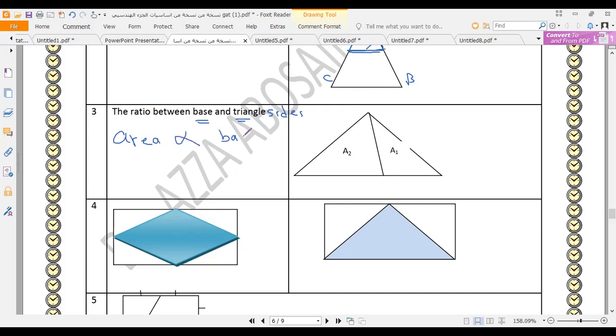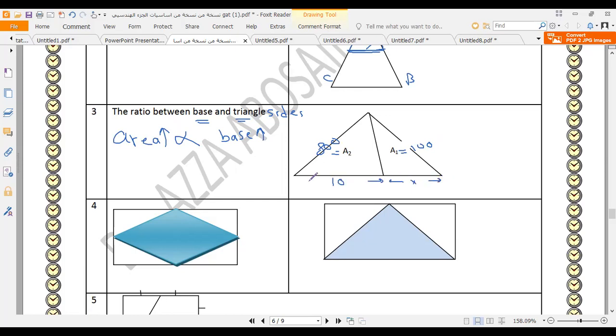As the base increases, the area will increase. Now here, if I give you the area of A1 as 100, and the area of this one as 800, and this is 10 units, and this is x. I want you to find the value of x.